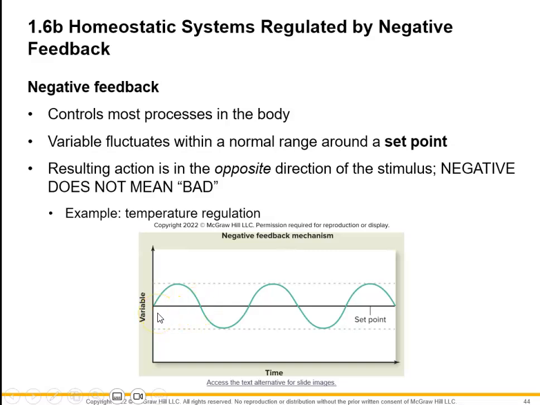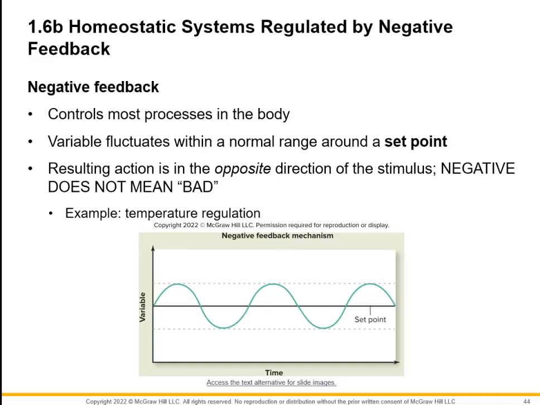So did you see what happened? It started because temperature was too high. The action was to bring the temperature back down lower. So it's the opposite direction of the stimulus. If your blood sugar is too low, then we're going to release blood sugar from where we store it.